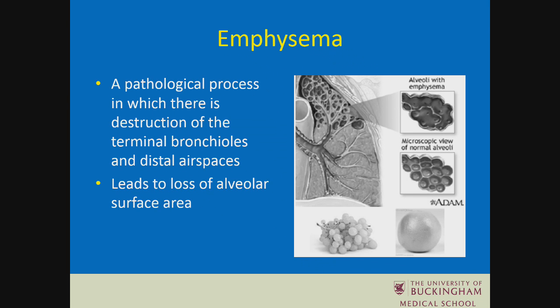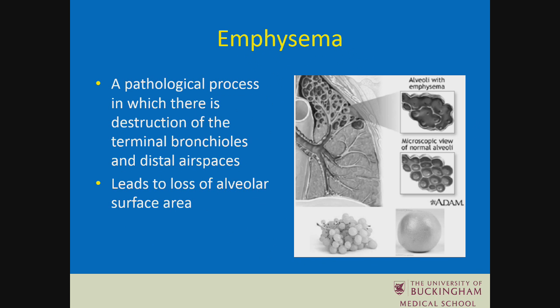So pathologically, emphysema is essentially destruction of the alveolar air spaces. So the alveoli, if you look at it, typically looks like foam, and I think they've likened it to a bunch of grapes. Now, because of intense inflammation, the walls of the individual air sacs or alveoli break down, and they fuse to form larger air spaces.